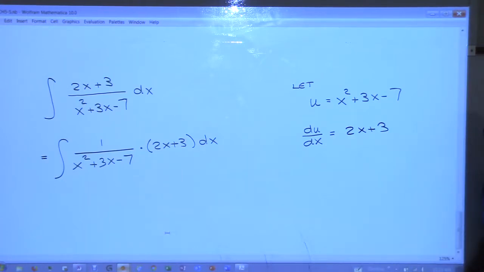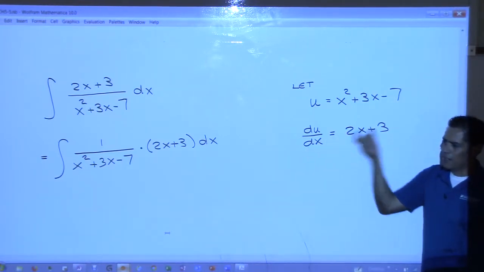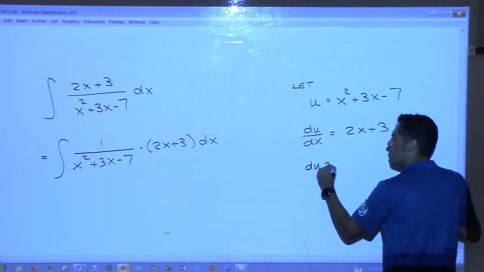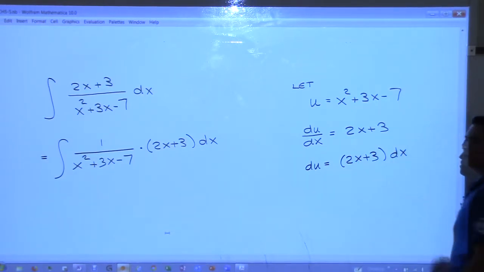And then what was the next step that I did in class? Solve for dx. So I moved this dx to this side, and multiply both sides by dx. So I have du is equal to, in parentheses, 2x plus 3 times dx.